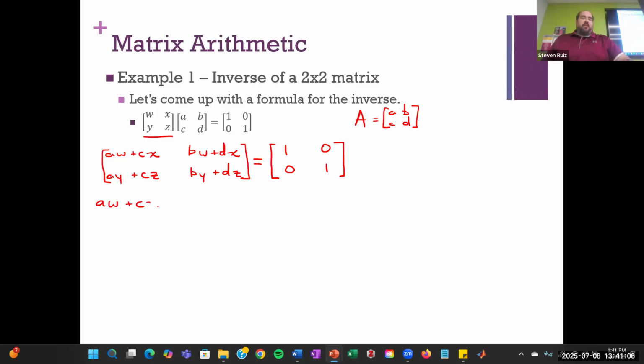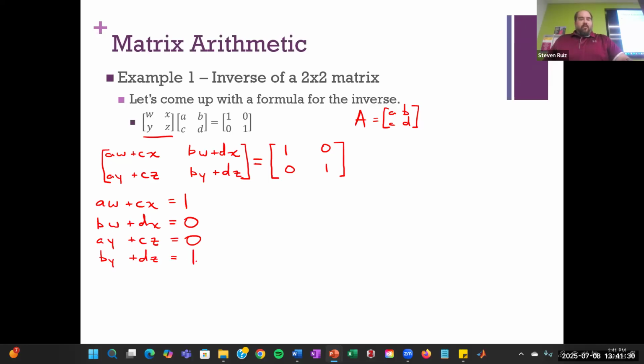So aw plus cx equals 1. bw plus dx equals 0. ay plus cz equals 0.